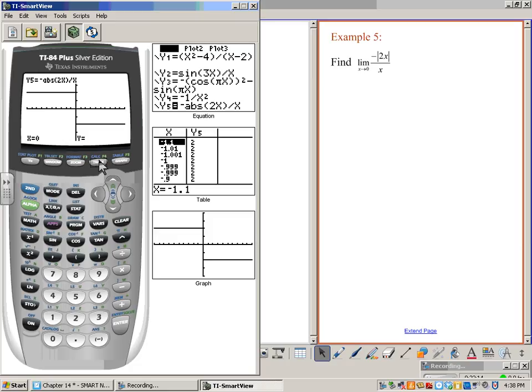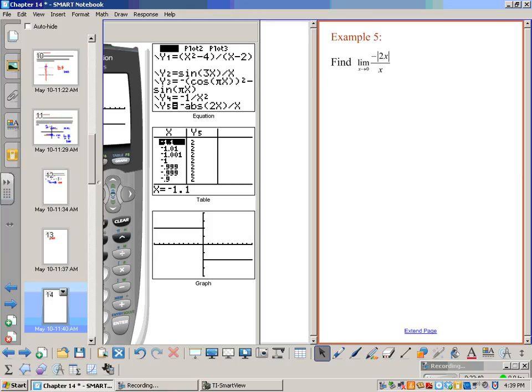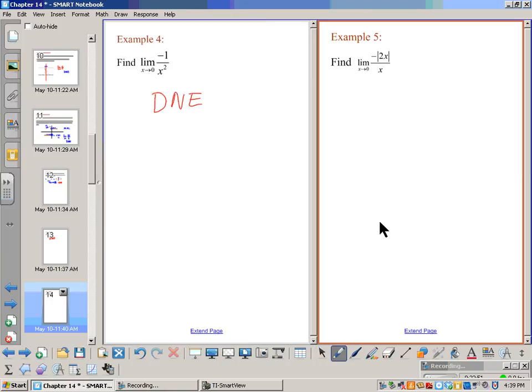And then we have pretty strong evidence that from one side, y is approaching 2, or f of x is equal to 2. But from the other side, f of x is approaching -2. So we have inconsistency. That's the second case we talked about, where f of x is equal to L in one case, f of x is equal to M in the other case. And so again, the limit does not exist.